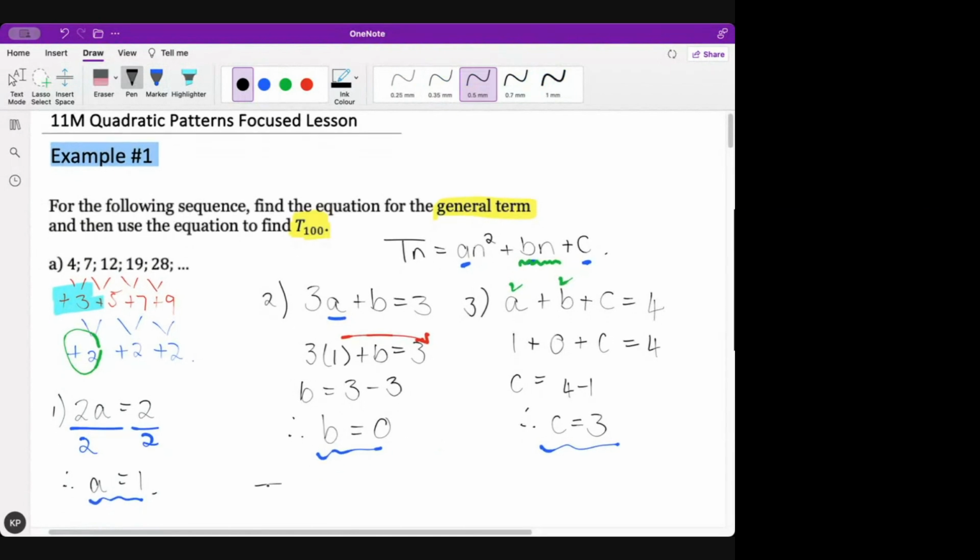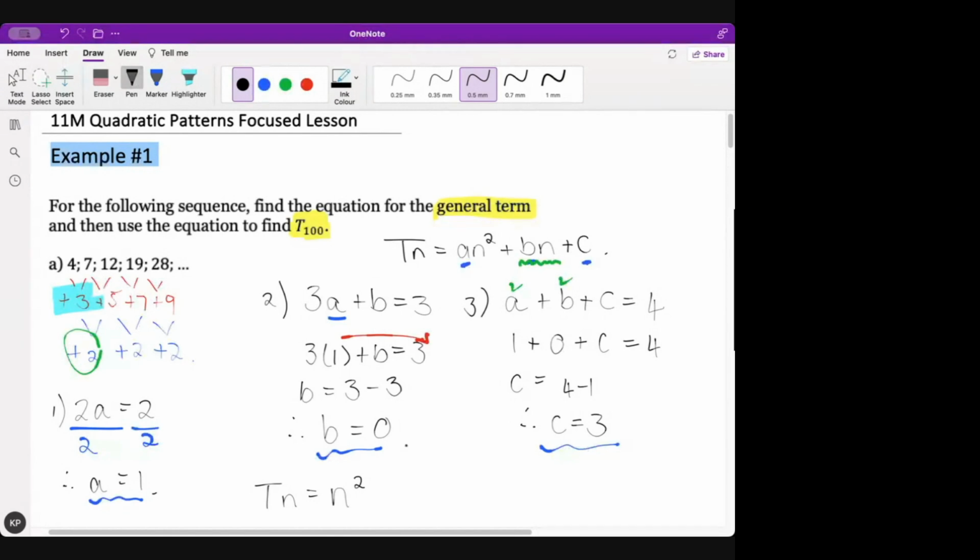That means Tn will then equal 1n squared. Do we have to write the 1? Do we generally write the 1? I mean, you can, but not generally, okay? So it's n squared. We spoke about the middle term, which falls completely away because B is 0, okay?